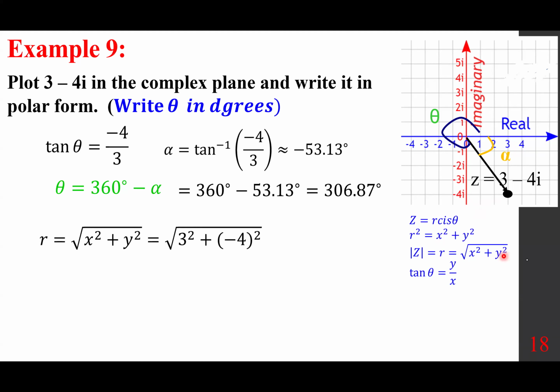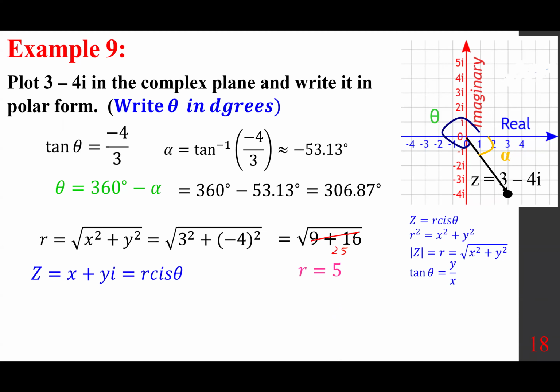So we need to find the R. This is 9, again 3 squared is 9, and then -4 squared is 16, and they add up to 25. And R becomes 5. So Z, which is A plus BI or X plus YI, is R cis theta.